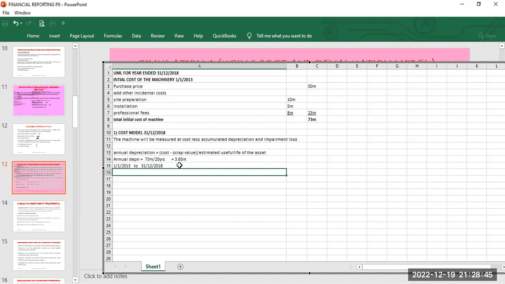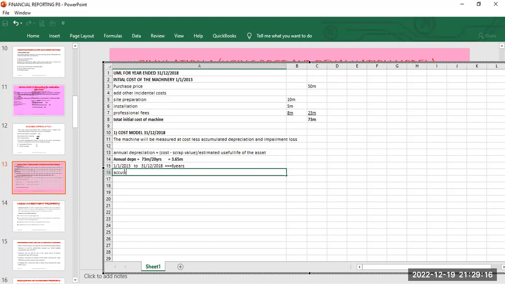Even 2018 we count because it is at the end of the year, meaning the asset was there for 6 years. So the annual depreciation we computed here was only for 1 year.